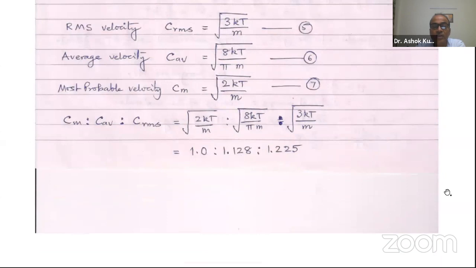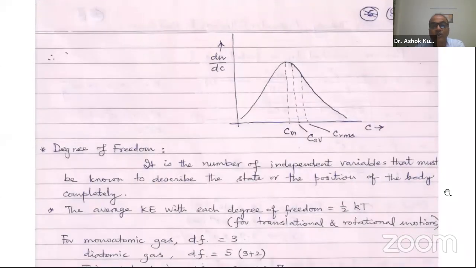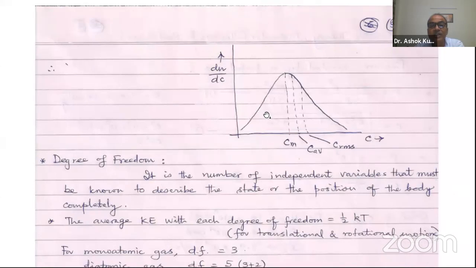If we plot the graph, we plot the graph of dn upon dc. This is actually the distribution. What is the meaning of distribution? Number of molecules per unit, not per unit number, in a particular range of the velocity. Here is the velocity.